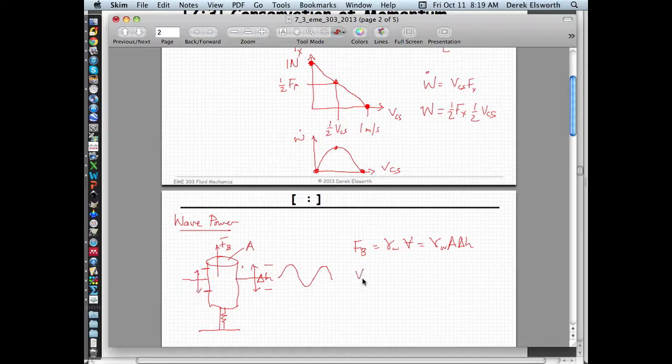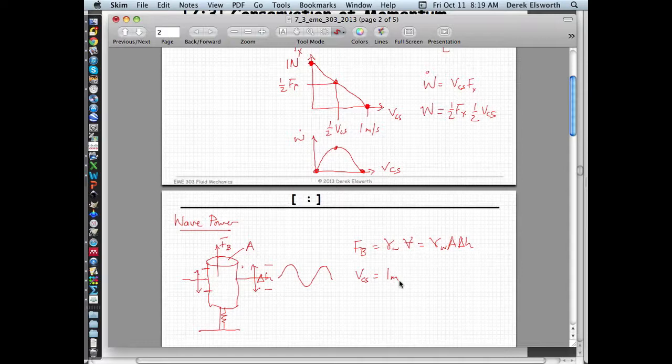And the velocity of the control surface, I guess, is going to be what? If you allow it to go up and down with the motion of the ocean, it's going to go up, say, a meter in a regular wave. I don't know what it would be. And so it would be 1 meter. And I don't know what is it between waves? Is it 10 seconds between waves, as they wash in on the coast? I have no idea.